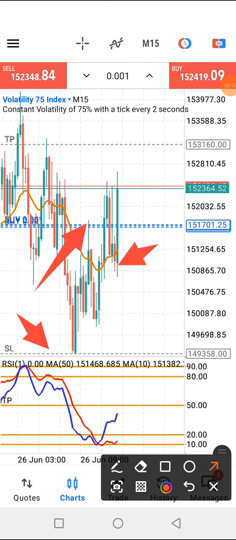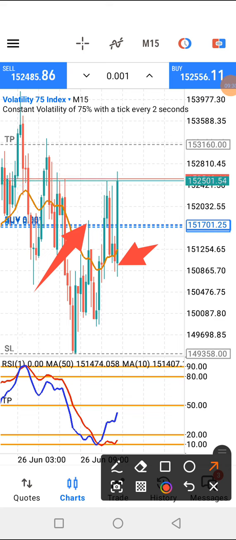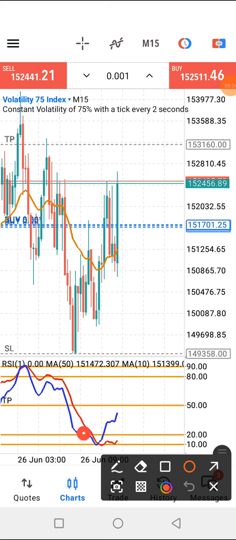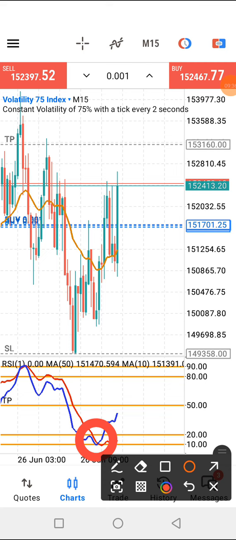So if I had taken the entry at the right time, I wouldn't experience that huge drawdown that later came back to profit. But nevertheless, if you always allow the condition to align, which is first, make sure you notice this intersection between the blue line and the red line.